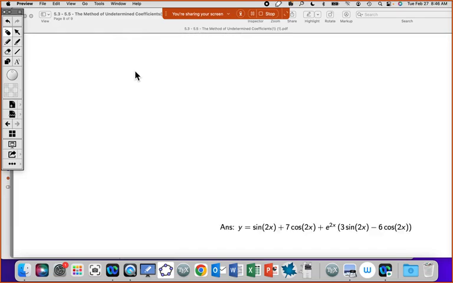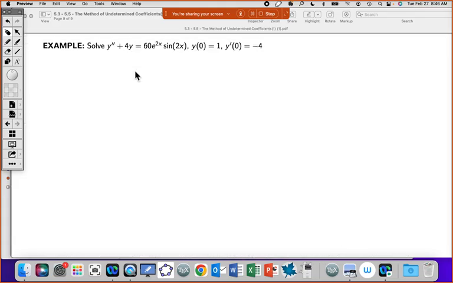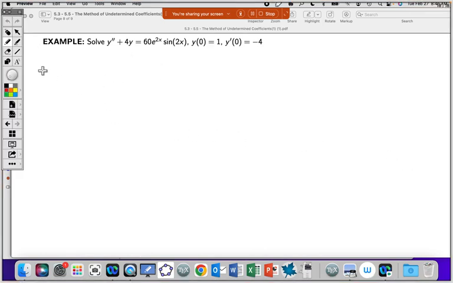All right, so we'll finish up looking at this last one here. It's an initial value problem, so we'll just remind ourselves how this works. But once again, we've got a second order differential equation, constant coefficient, non-homogeneous. We go off to the yc.